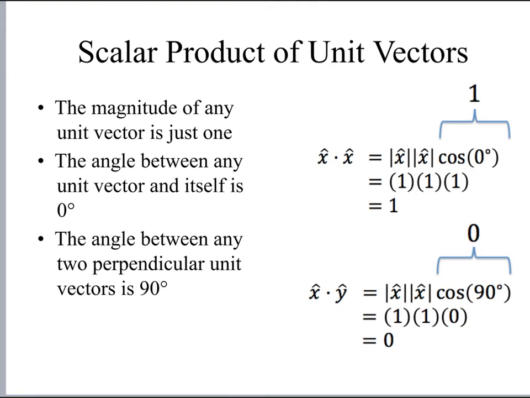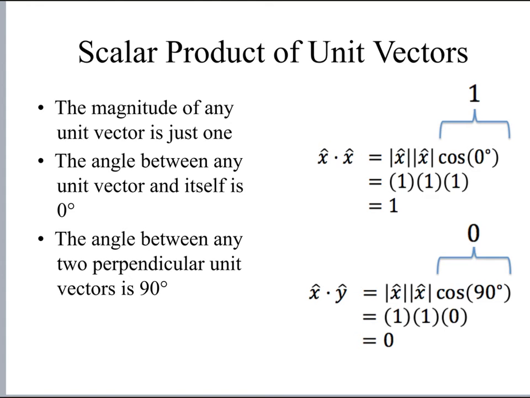So what I want to do in this slide is actually see how we can apply the scalar product and multiply unit vectors together. And so there's two possibilities if I'm using x hat, y hat, and z hat. I can multiply the unit vector by itself, x hat dot x hat, and this could be y hat dot y hat, z hat dot z hat, it doesn't matter. I've got one unit vector multiplied by itself.